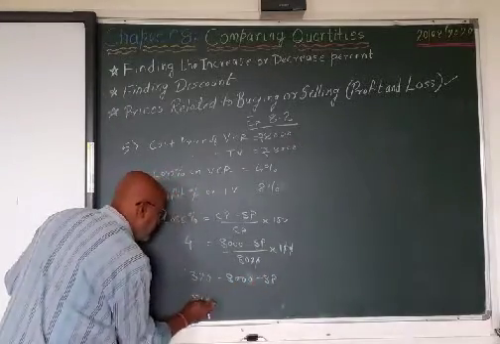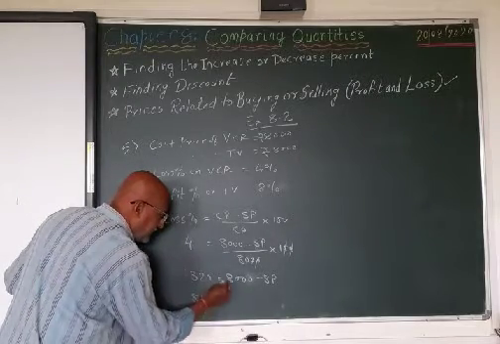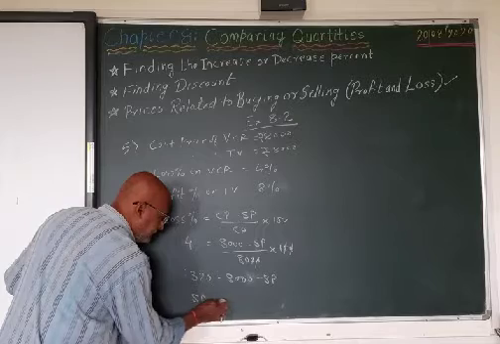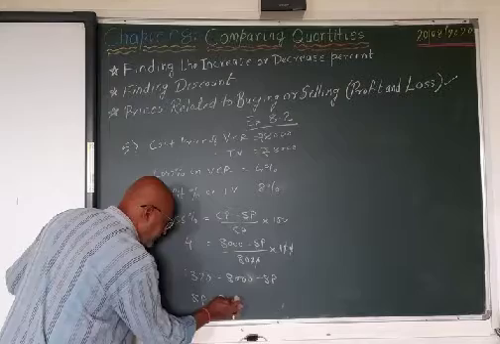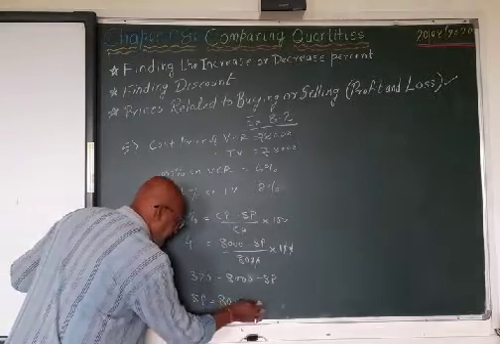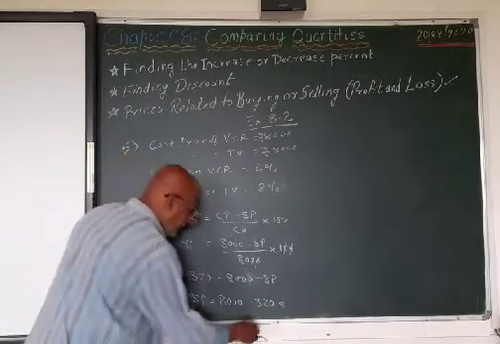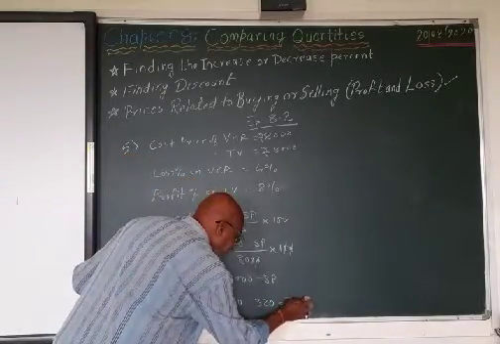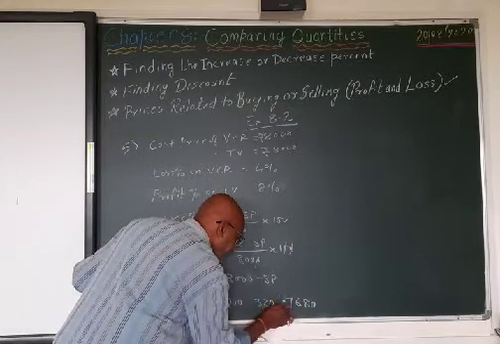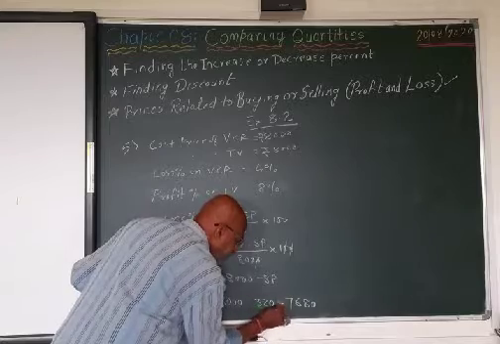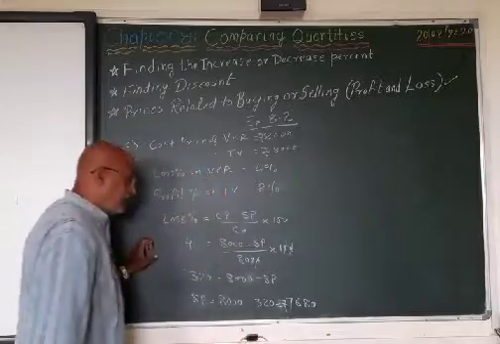So SP equal to 8,000 minus 320 equal to 7,680.